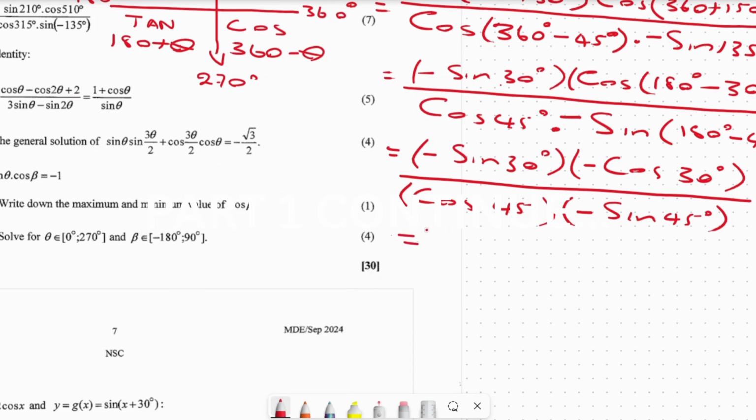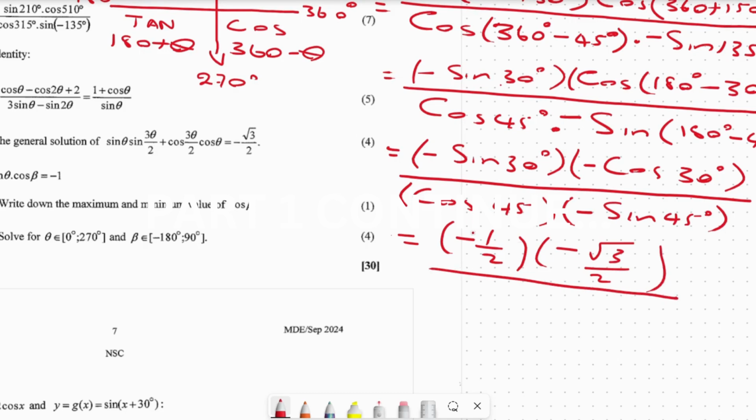Then I substitute these values here. This is going to be negative 1/2. Then cos 30, it's negative √3/2. Then cos 45, it's √2/2. Then sine 45, it's negative √2/2.